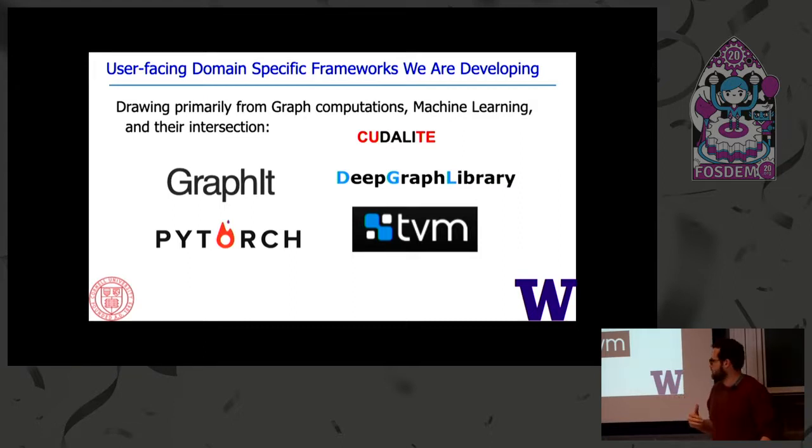Our collaborators at Cornell are working on a backend for PyTorch for HammerBlade. We at UW are also working on DGL, which is a Python library for targeting graph structured data using machine learning techniques, and TVM, which is a machine learning IR. And we're also targeting Graphit, which is a DSL for high performance graph analytics.